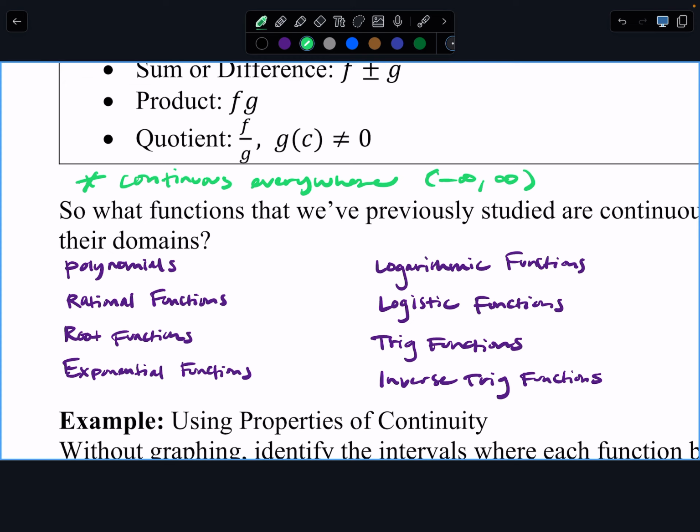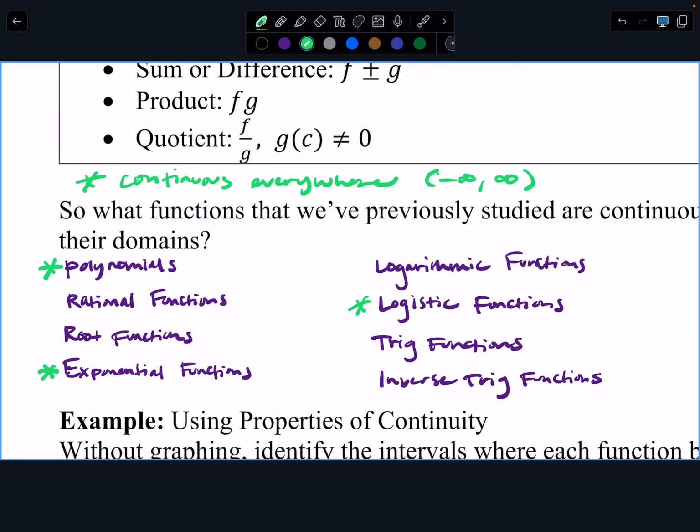Exponential functions are, yeah, totally. What else? Just because we didn't spend that much time on them, I'm going to put it here.